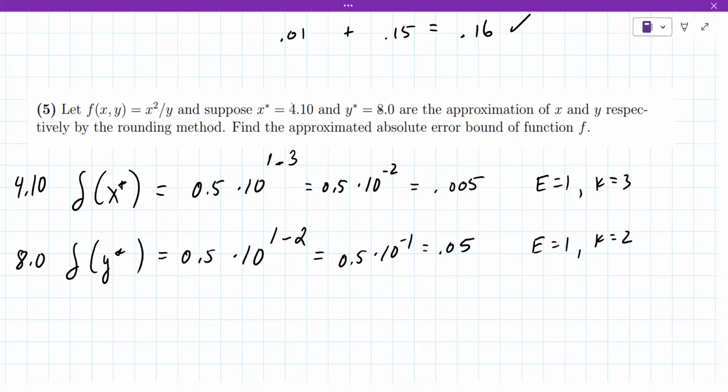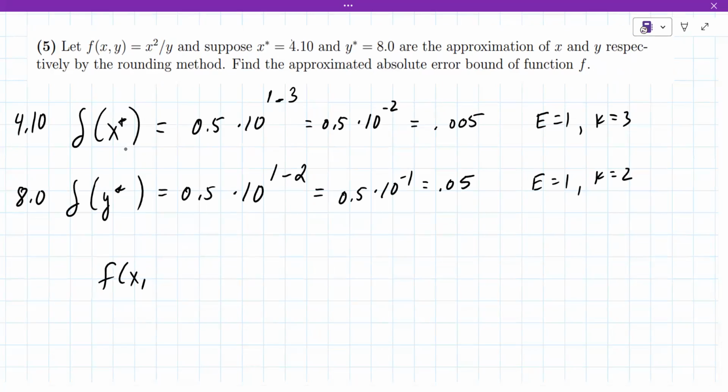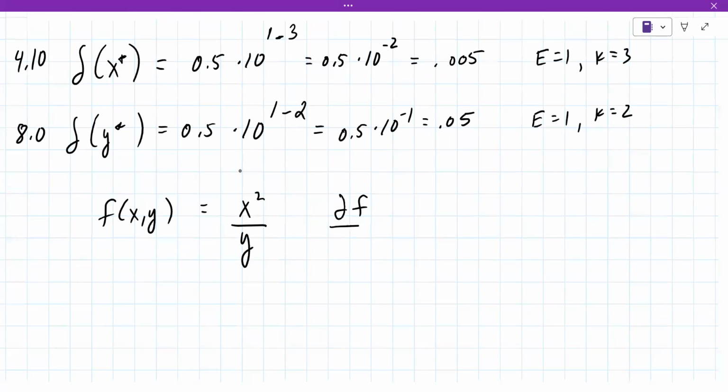Okay. Let me know if we can keep going here. Yeah, I'm good. All right, so the next thing is f of x comma y equals x squared over y, and to take a derivative. So you have to take a partial derivative of f with respect to x.